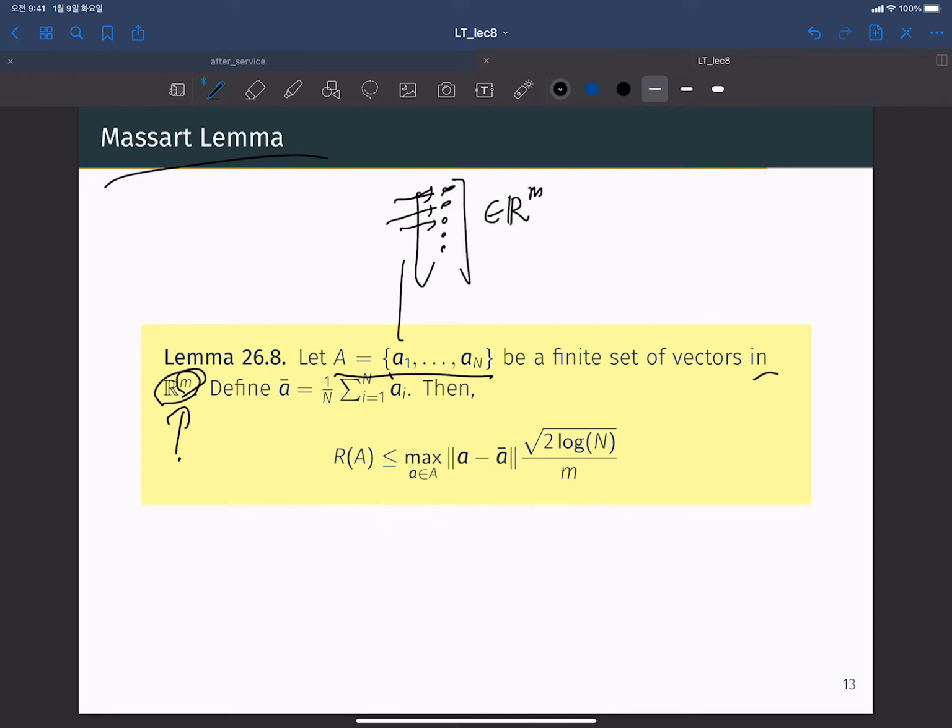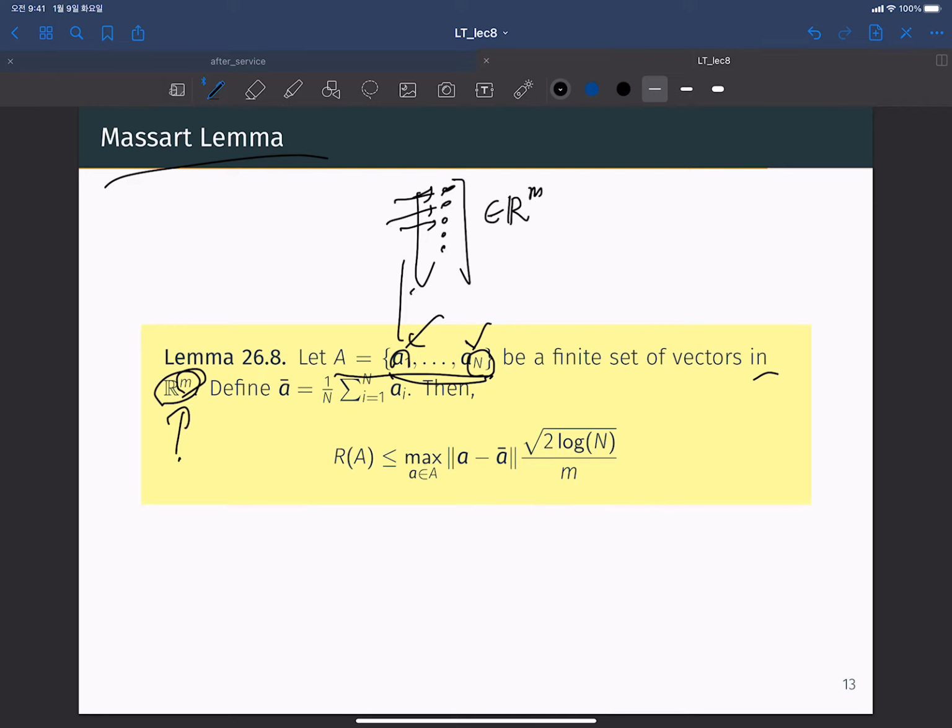And the N vectors represent the corresponding loss values for each hypothesis. So in this case, we have capital N different hypotheses on M training data points.